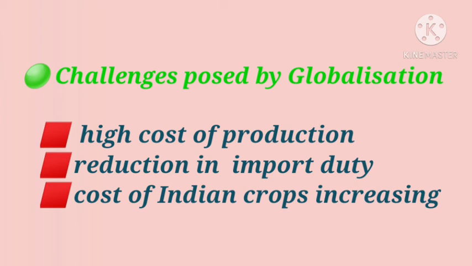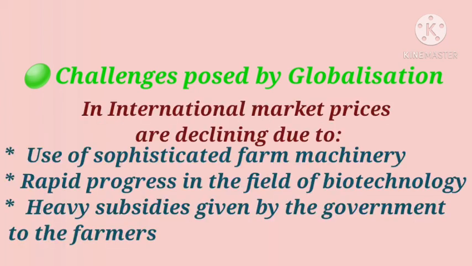So there is a competition between Indian products and other countries' products. Whichever country produces the goods at a low rate will get the market. So Indian farmers are not getting the market for their crops. So there is a loss on the part of the Indian farmers.